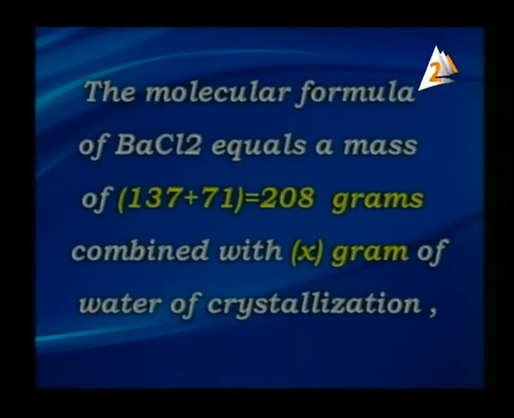Also, the molecular formula of barium chloride, BaCl2, has a mass of 137 for barium plus 71 for the two chlorine atoms. This is the mass number for both, so the compound equals 208 grams, all combined with X grams of water of crystallization.